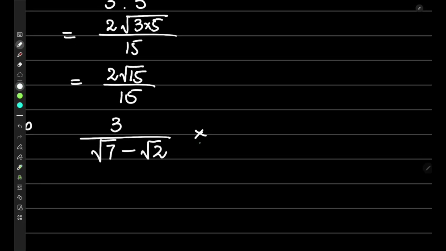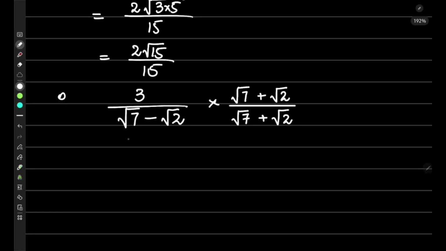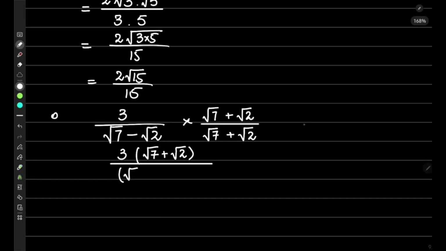As you can see, there is a minus in between. So how do we rationalize it? You will multiply and divide with root 7 plus root 2 over root 7 plus root 2. Now simplify this: 3 times root 7 plus root 2 over... You can see what form it will make?